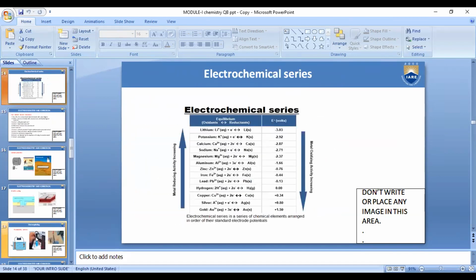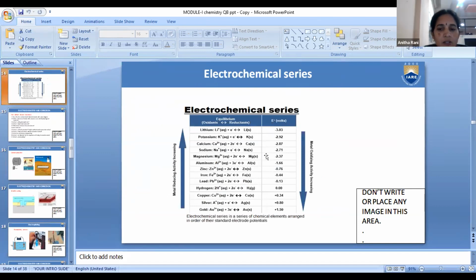When elements are arranged in the increasing order of standard electrode potential, or standard reduction electrode potential, you can write. So elements arranged in the increasing order of standard reduction electrode potential is known as electrochemical series.